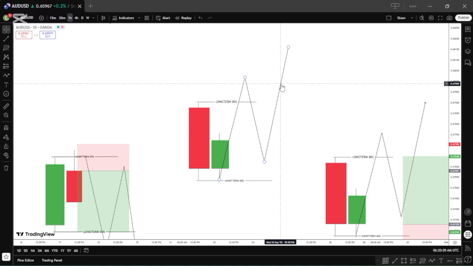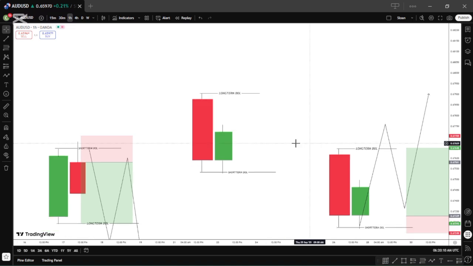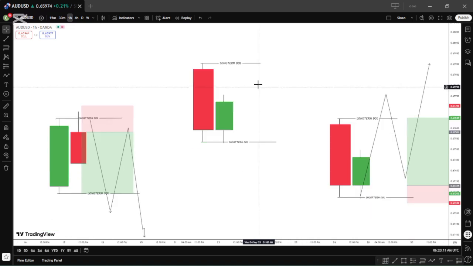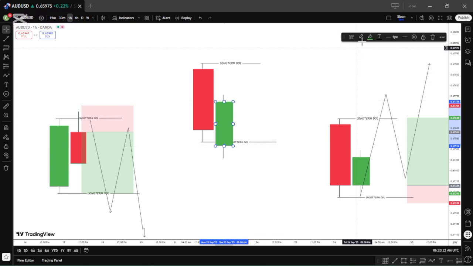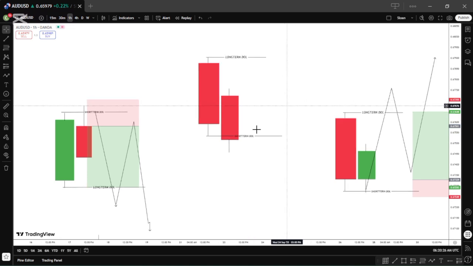You can also find this as an example where you see an eventual downtrend and the market does this move now. Okay, let's say it doesn't sweep this particular zone. Instead, it continues the move.